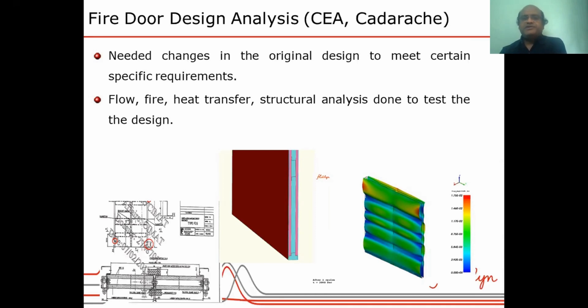Now, what happens is that once these are installed, this particular study which we had conducted was necessitated because certain changes had to be made. The plant is already commissioned, the facility is already operating and the door is already installed.